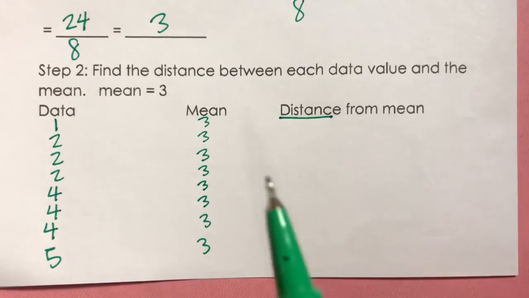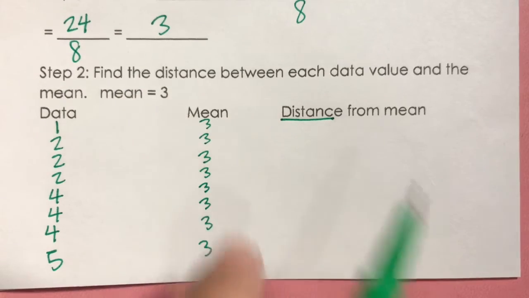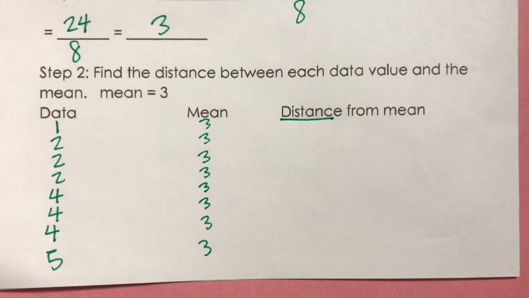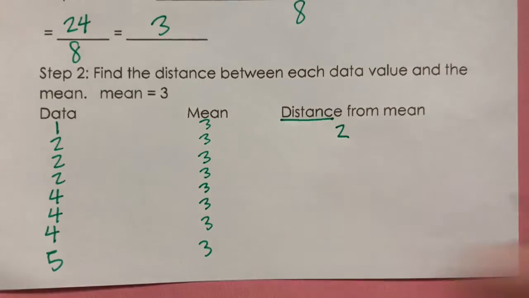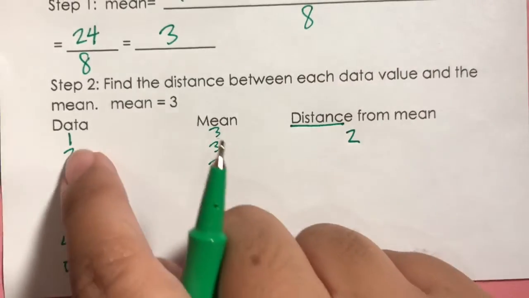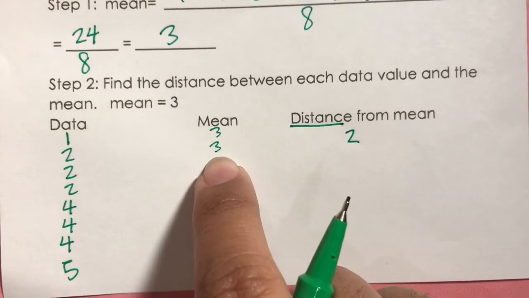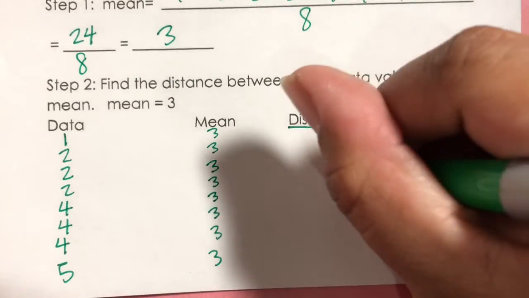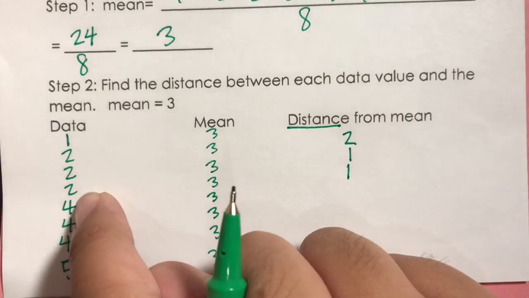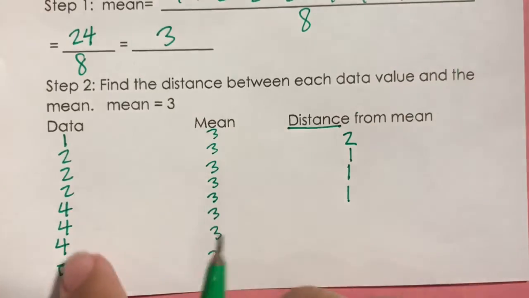So if I'm finding the distance between 1 and 3, how many units do I have to jump to get to 3? It's 2. Same thing here for my number 2. How many units do I have to jump to get to 3? 1. Same thing here with 2, 1 again. The distance between 3 and 2 is 1 yet again.